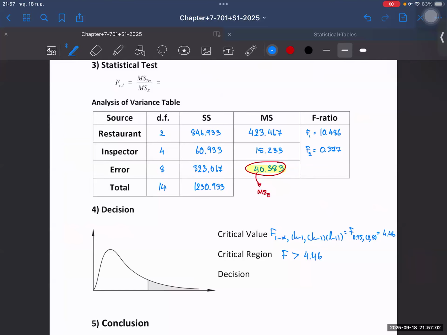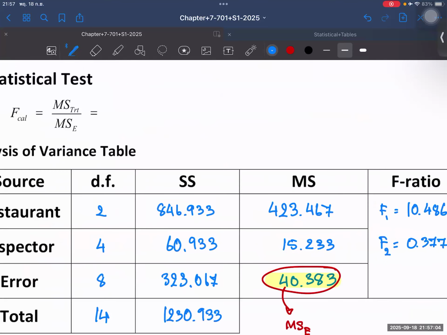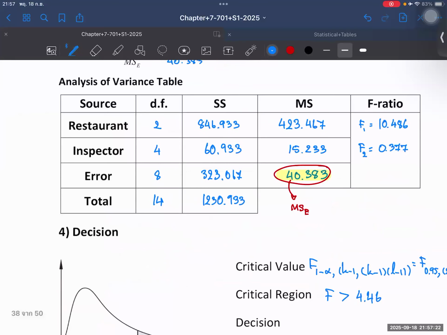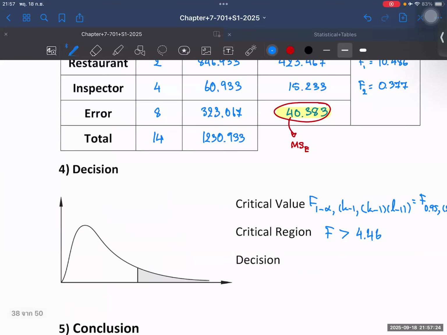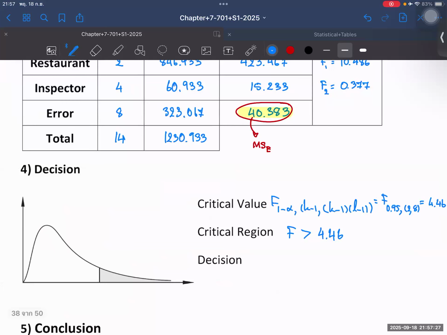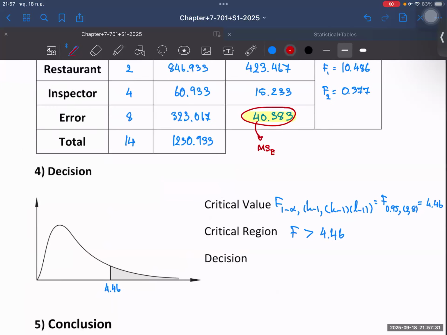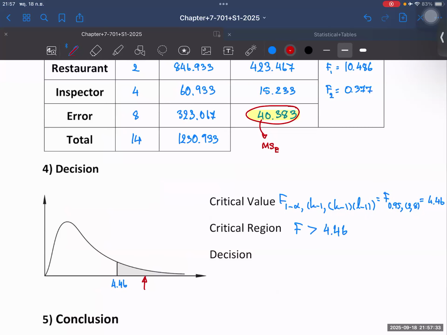Okay, so this is 423.467 divided by 40.383, which is equal to 10.4x6. So, and we have the F cal is greater than here.